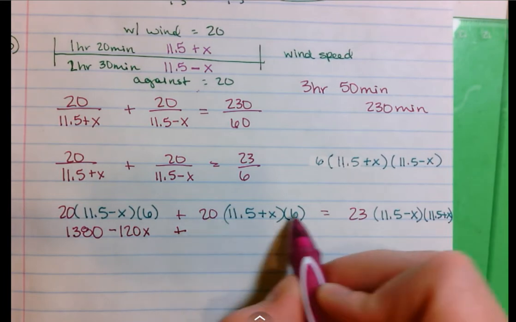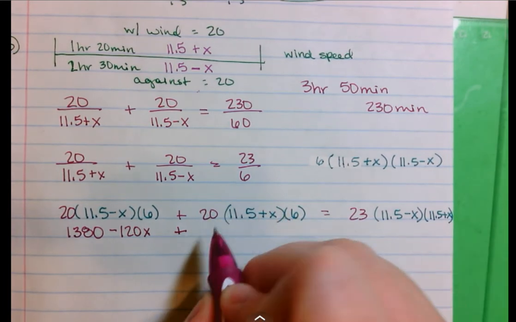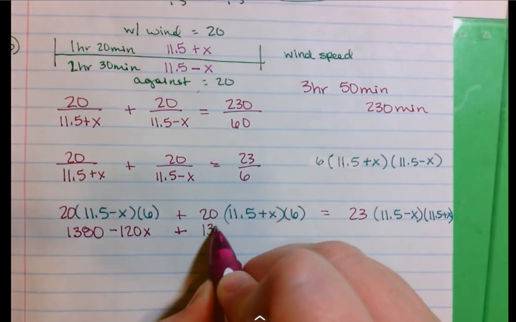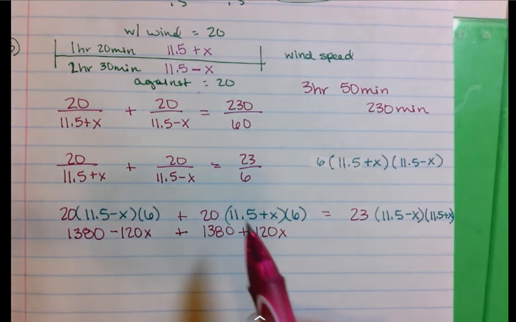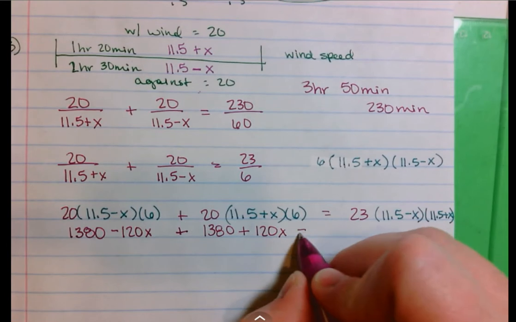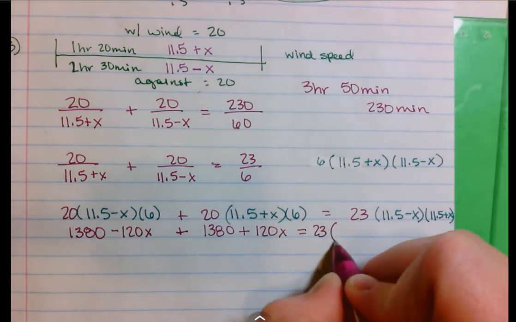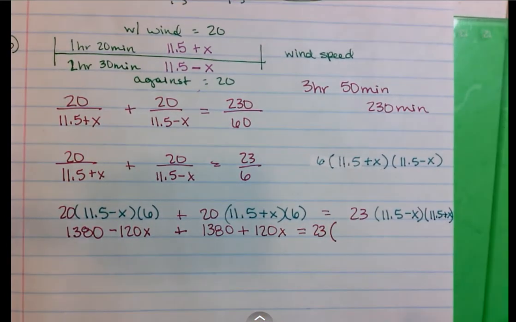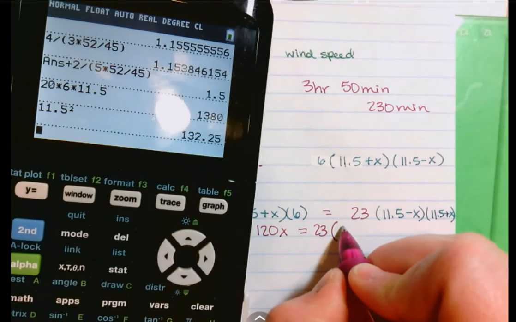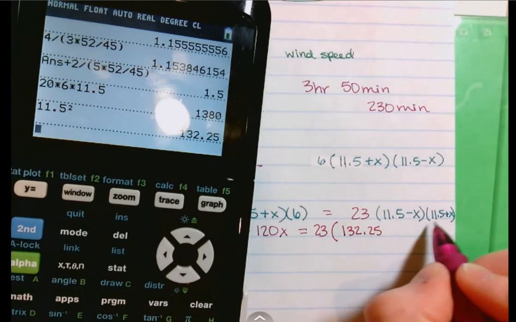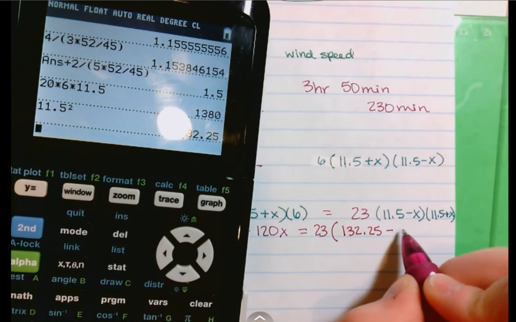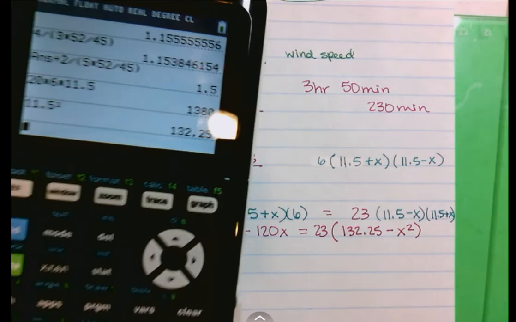Plus, since these are all positive, I'm going to have 1380 plus 120x. Distributing equals 23 times, I actually need to multiply this out, so 11.5 squared is 132.25, and then the middles are going to cancel out, so I'm going to put minus x squared.